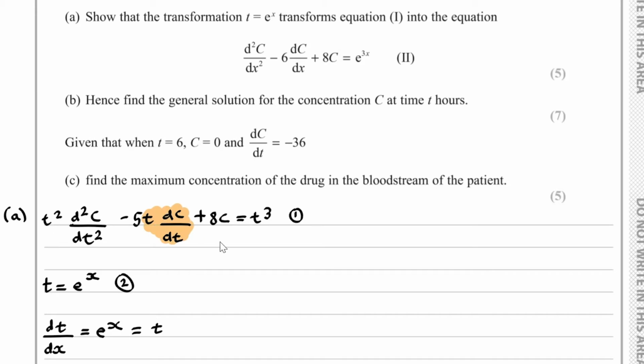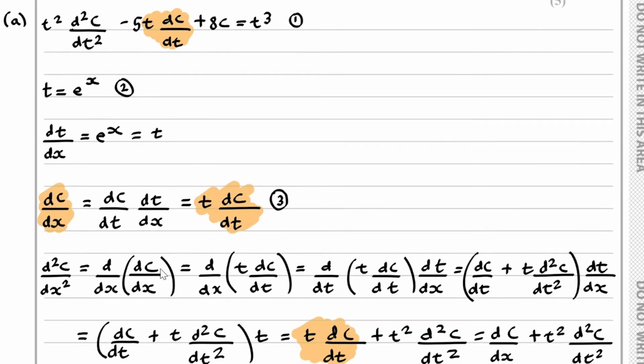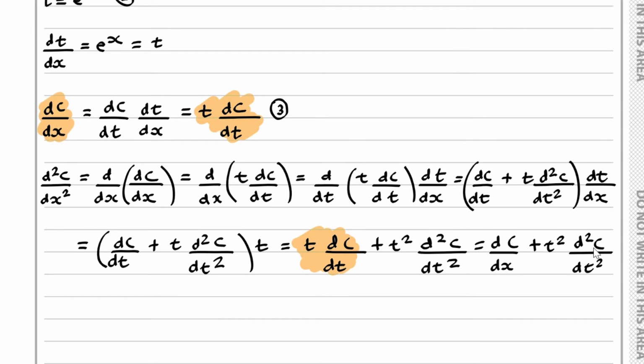So we need something for t squared d squared c over dt squared. And we can do that by rearranging this equation here to give t squared lots of d squared c over dt squared equals d squared c over dx squared minus dc over dt.